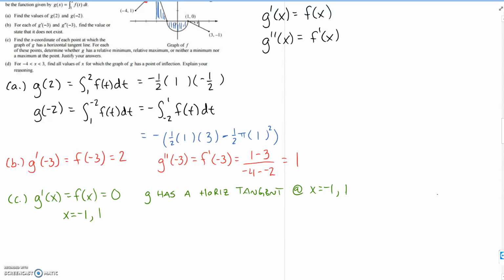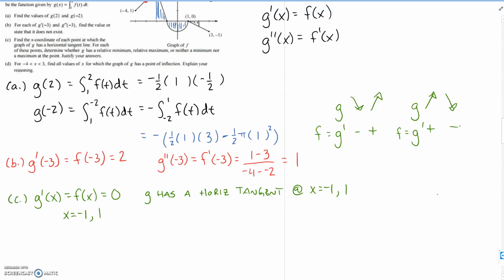Then it says for each of these points determine whether g has a relative min, relative max, or neither. For a relative min, g would have to change from decreasing to increasing, which means g prime, which is f, has to change from negative to positive. In order for g to have a relative max, g would have to change from increasing to decreasing, which again means g prime, which is f, has to change from positive to negative.